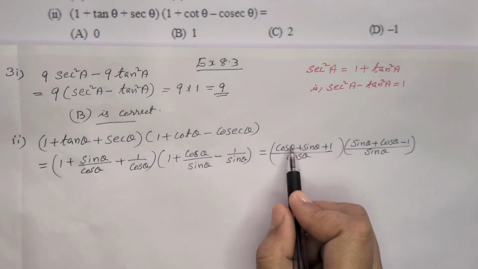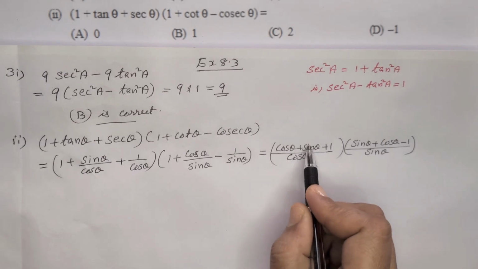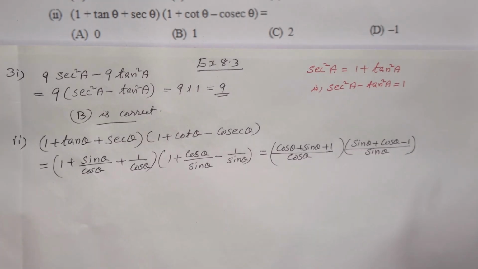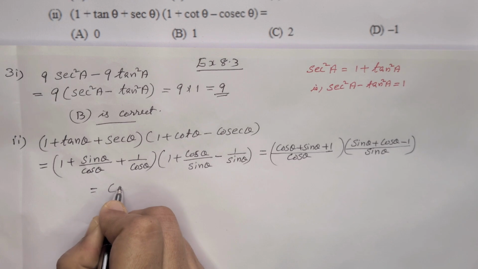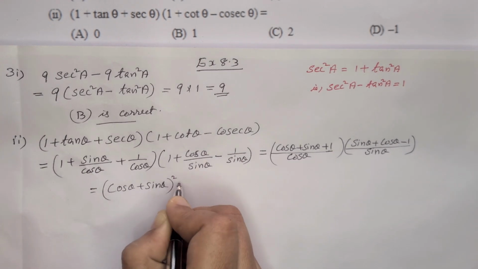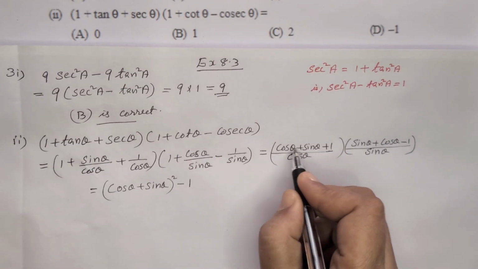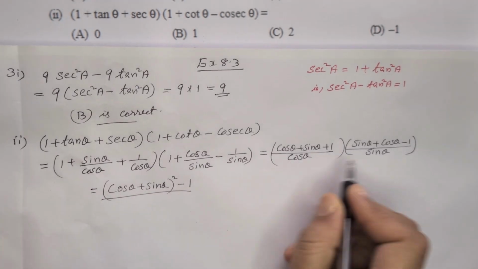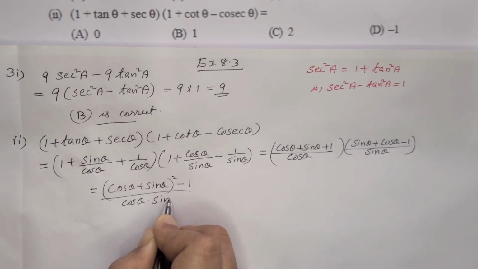Now we can see cos theta plus sin theta as one term. If we are considering this, it will come in the form of a plus b. Here this is a plus b, here a minus b. So we can apply that identity, with cos theta plus sin theta in place of a: a square minus 1, divided by cos theta into sin theta.